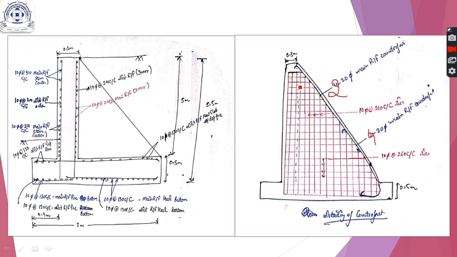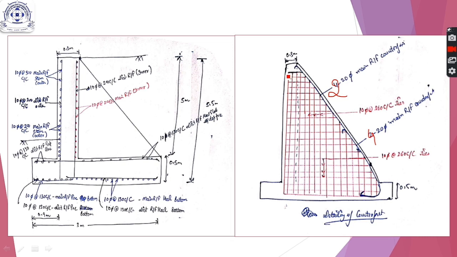All this mesh is 10 diameter at 260 center to center. These are the horizontal ties, and 10 diameter at 260 center to center are the vertical ties. This reinforcement is taken inside the stem. As you can see, this dotted line is showing the face of the stem.